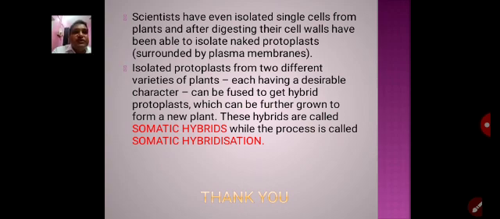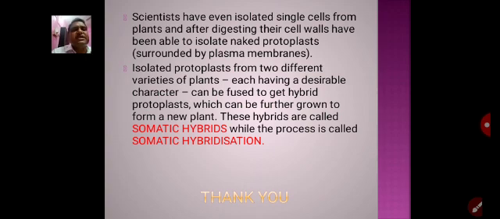They are not fused alone. They are fused in the presence of chemicals like polyethylene glycol and sodium nitrate. The fused protoplasts are allowed to grow in a culture medium. Soon they develop their own walls and are called somatic hybrid cells.